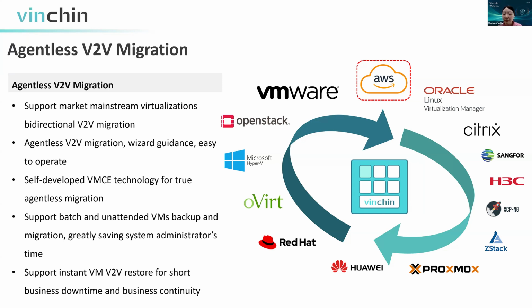And for V2V migration, Vinchin supports the batch virtual machine migration scenario and the instant virtual machine migration scenario for maintaining critical business continuity. And in this year's new version, we also support a new platform, AWS EC2.